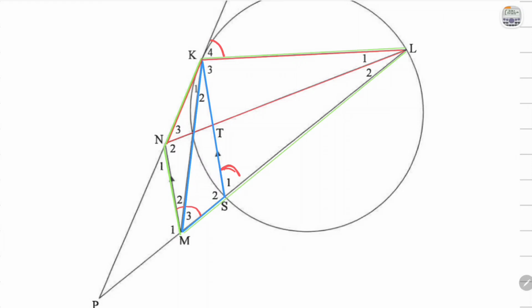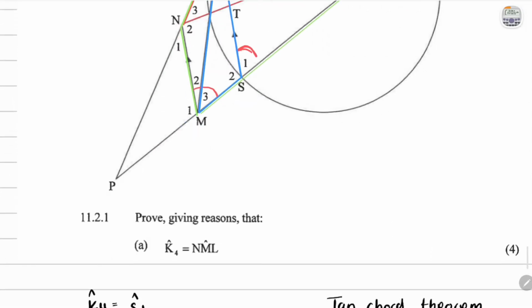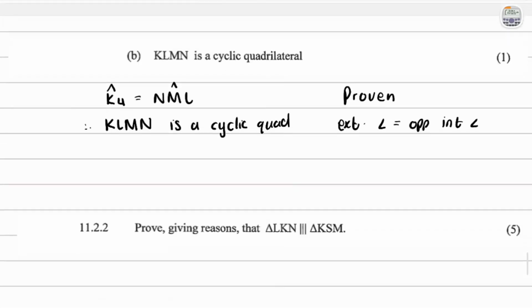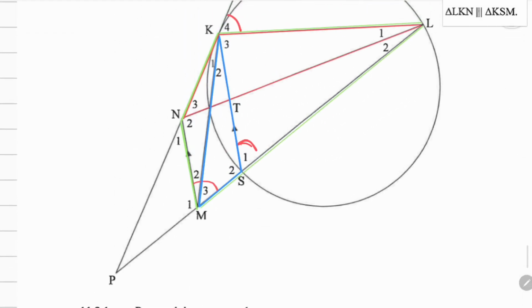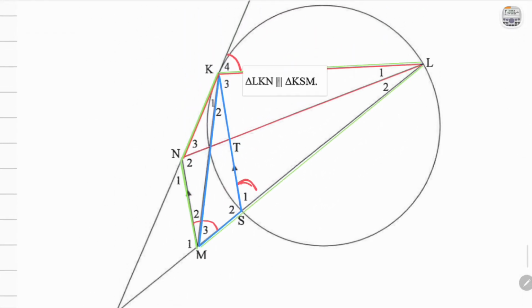Now in the cyclic quad, we need to focus on the angles. And one way to focus on the angles is to just look at how they were named. These triangles were named as triangle LKN and KSM, meaning they're similar in that order. Okay, so I've pinned it to the screen and we can just look at it like that.